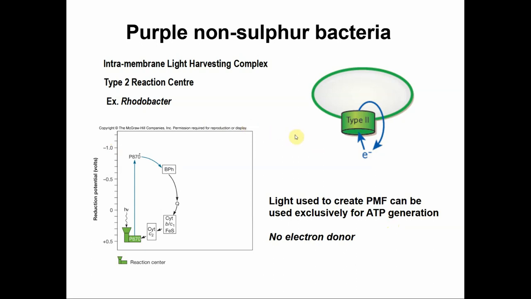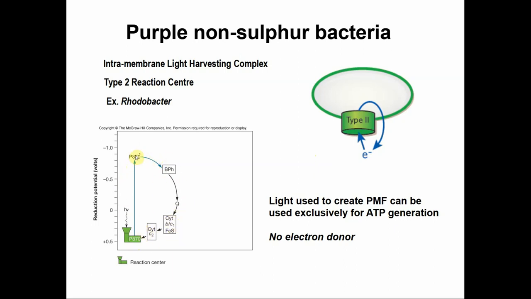So here what is going to happen is that light is absorbed by the type 2 reaction center. This will boost electrons up, and then afterwards they're going to be transported down an electron transport chain, and the electrons cycle around.